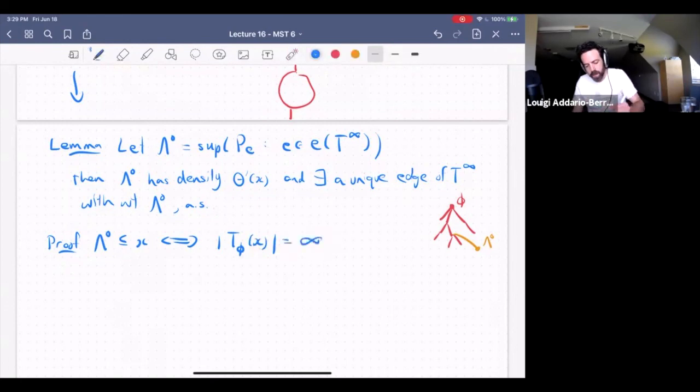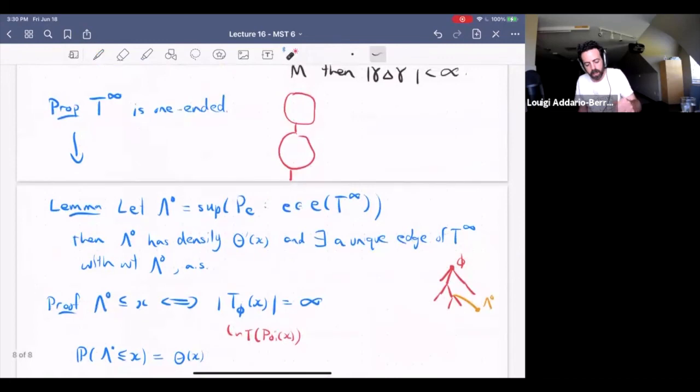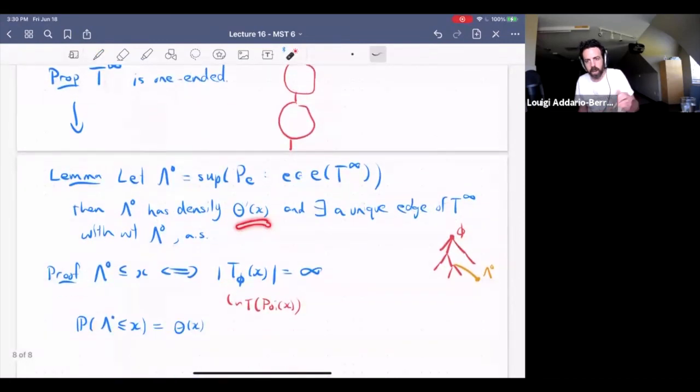But we just said that this is a Poisson tree, so the probability that it's infinite is just theta of x. So the probability that lambda naught is at most x is theta of x, which indeed shows that lambda naught has density theta prime.